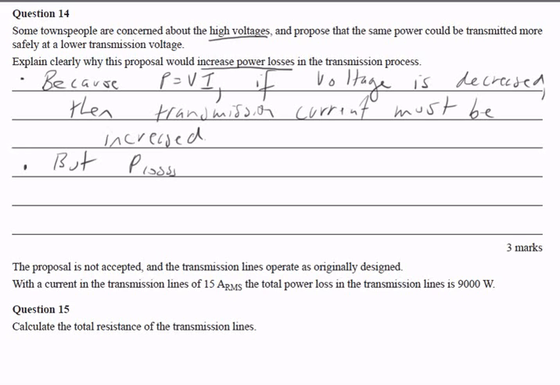But the power loss in transmission lines, power loss equals, you should know this one, I squared R. So, last dot point, if I is increased, that goes up, that will also go up.